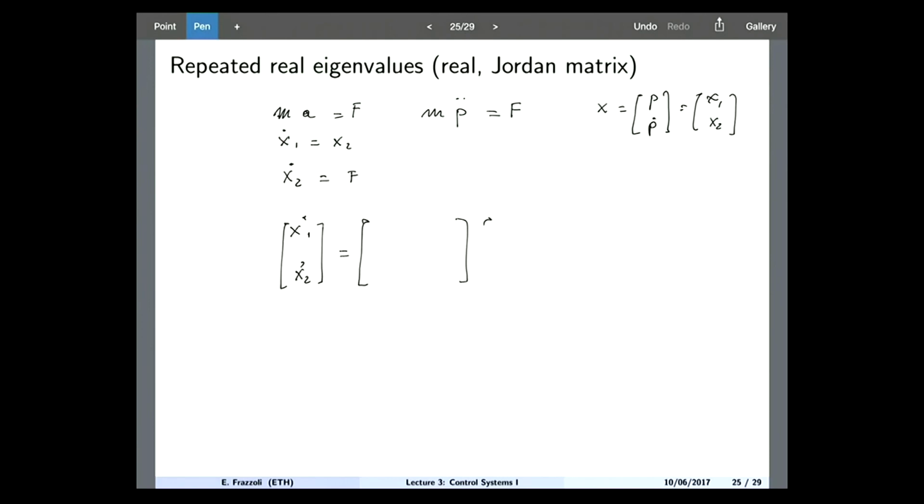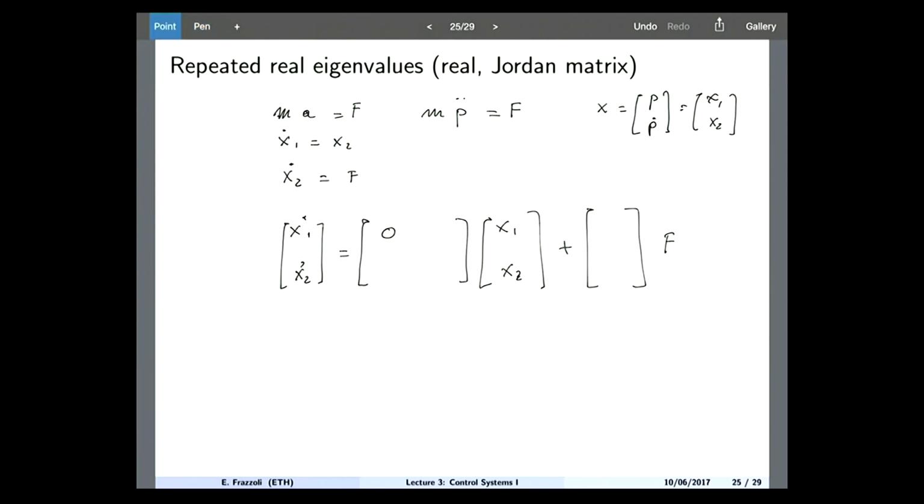So what I want to do is write x1 dot and x2 dot as a function of x1 and x2, and then something multiplies my force, my input. So what is the number in here? x1 dot is actually equal to x2, right? So what is the number that multiplies x1 in that equation? 0.